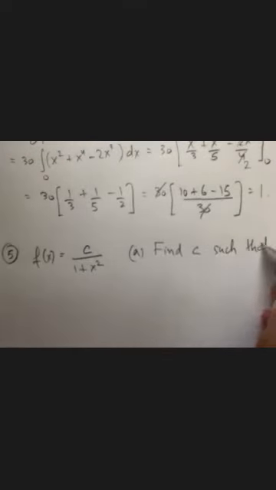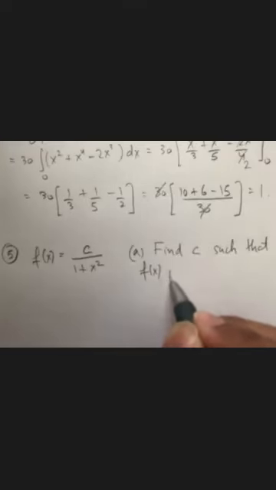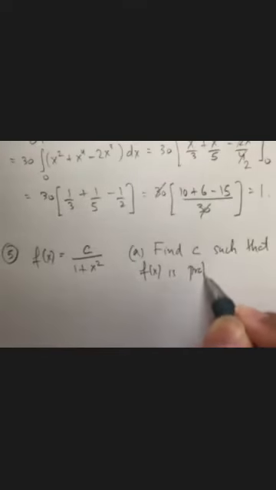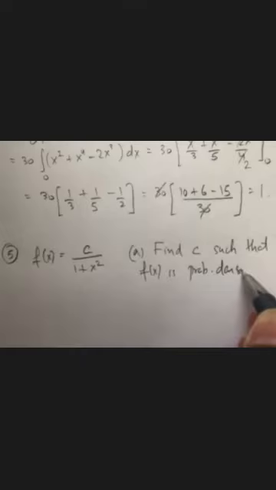such that f of x is a probability density function. So now we have to find c such that f is a probability density function. So the first thing you see, we again have to satisfy the two properties that we discussed above.